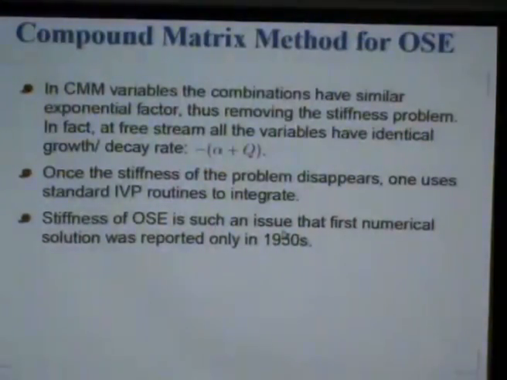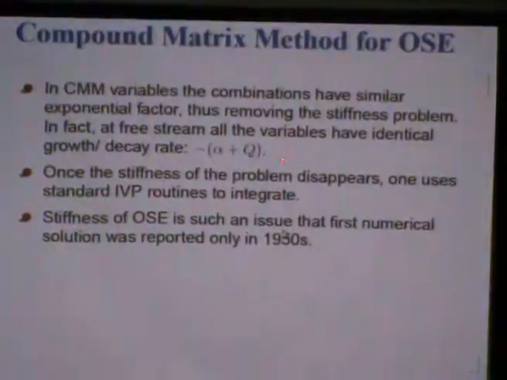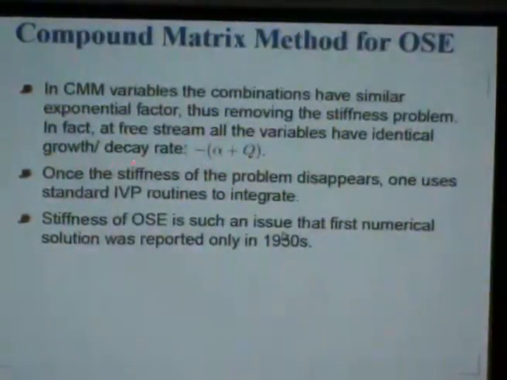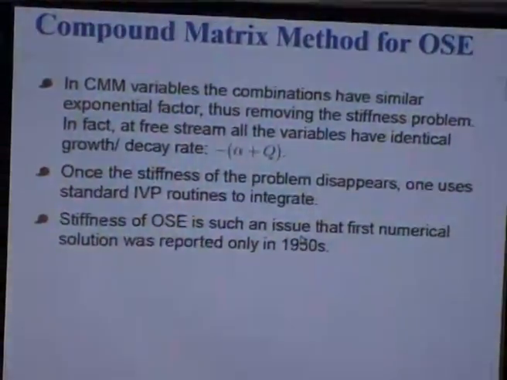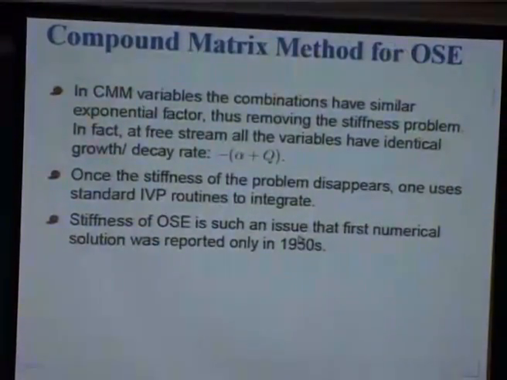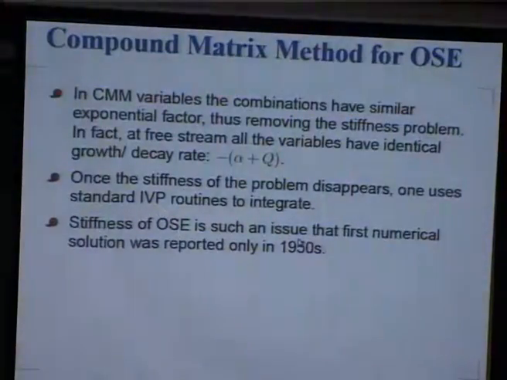So, in the compound matrix method, as I told you, all the variables have equal growth or decay rate, and that is why we can factor out the stiffness of the problem. Okay. And once the stiffness of the problem disappears, you could use any standard initial value problem routines to integrate.